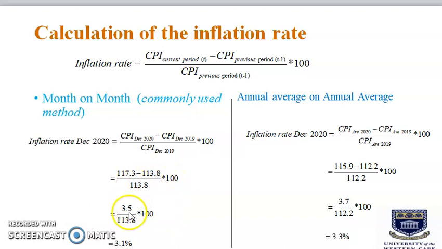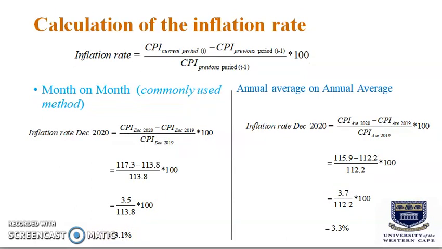If we substitute that, we would have 3.5 divided by 113.8 multiplied by 100. That should give us a value equal to 3.1%. This result indicates that prices increased at a rate of 3.1% between December 2019 and December 2020.